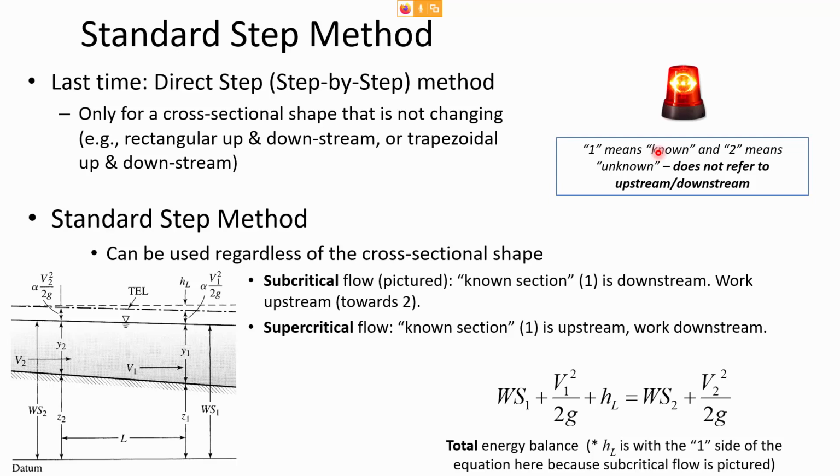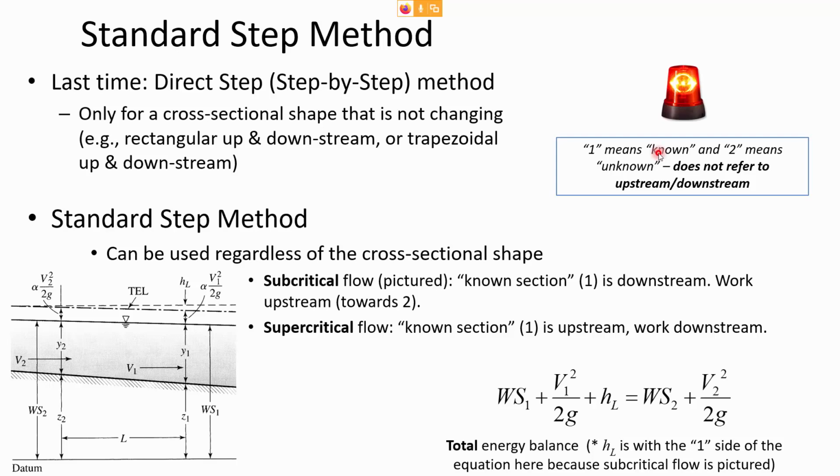In other words, the water was always going from upstream 1 to downstream location 2. Here in the standard step method, 1 means the location where you know something, like the depth, and location 2 is the spot where you don't know the depth. So it doesn't necessarily mean upstream, downstream anymore.